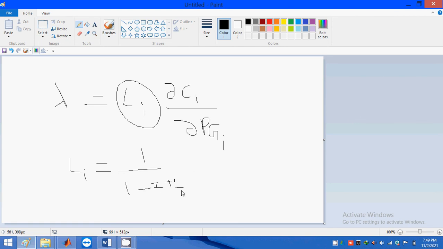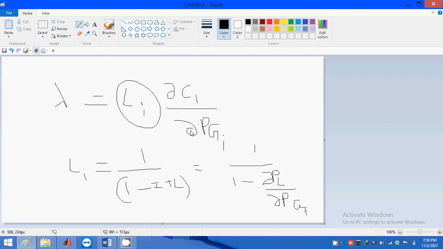How are we going to find the ITL? It is 1 divided by 1 minus dou PL divided by dou Pgi. These are the formulas for the rate of change of lambda, which we get from the penalty factor and the incremental fuel cost.